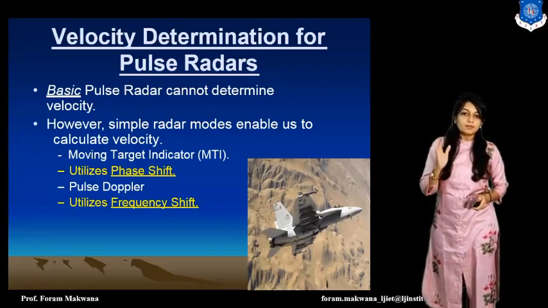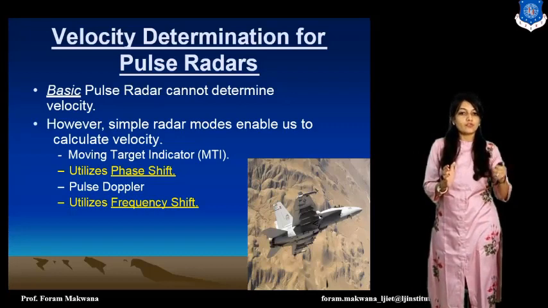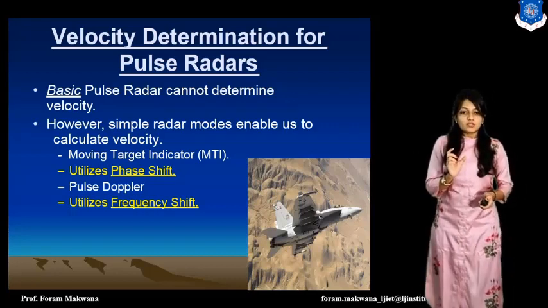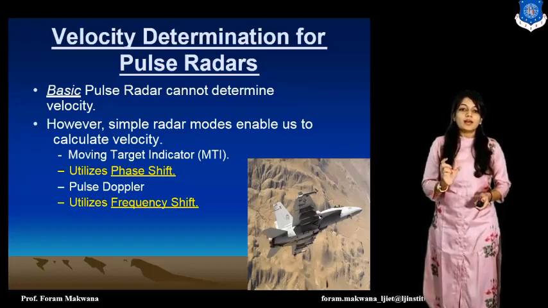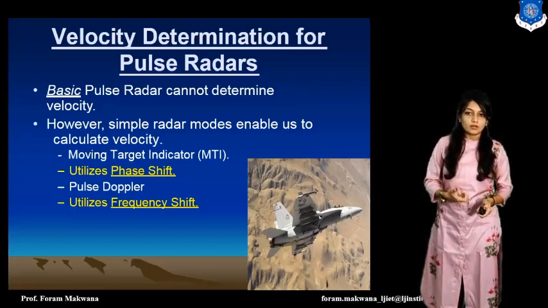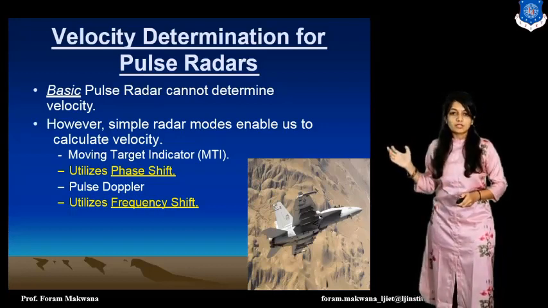We know that in the pulse radar, the radar transmits the signal in the form of pulses, and for a specific rest period, the radar waits for the return signal, that is the echo signal. Alright? So, the basic pulse radar cannot determine the velocity.